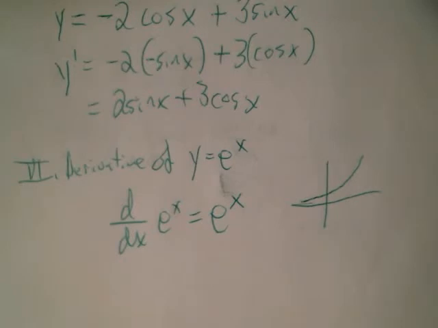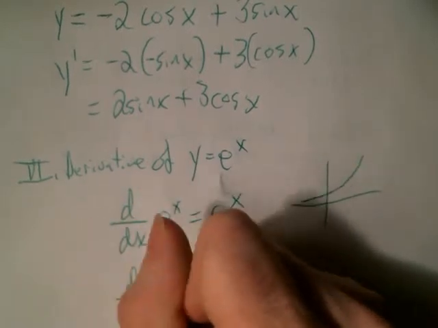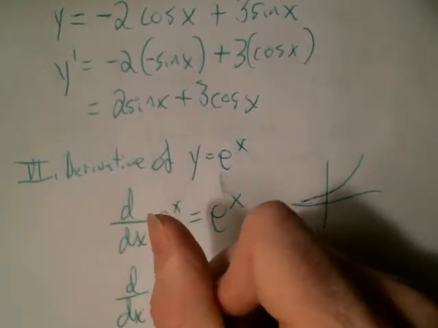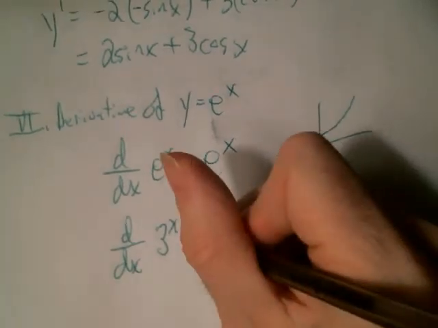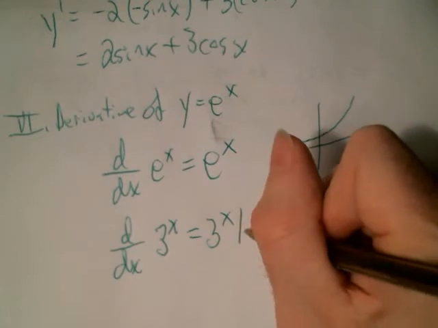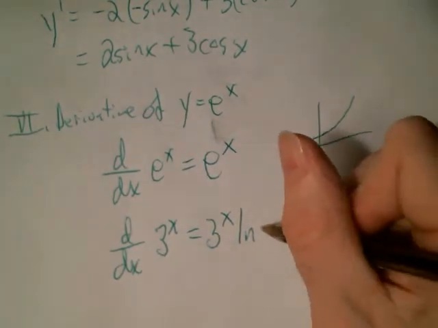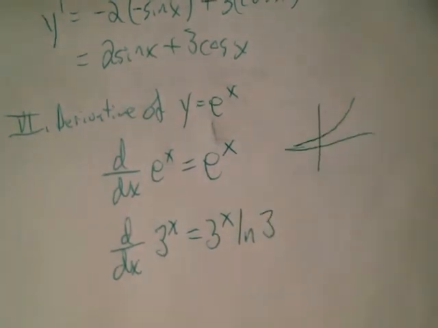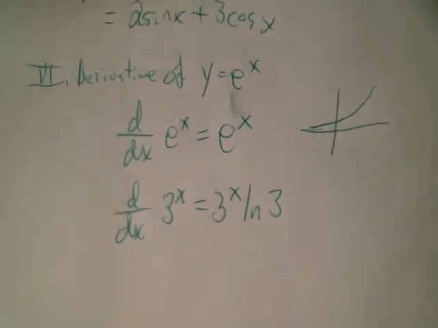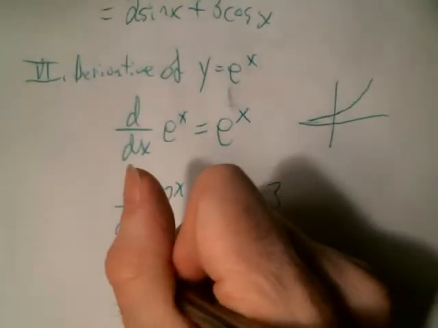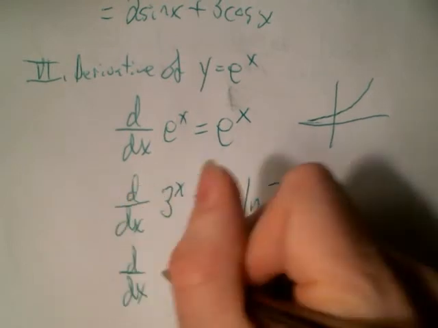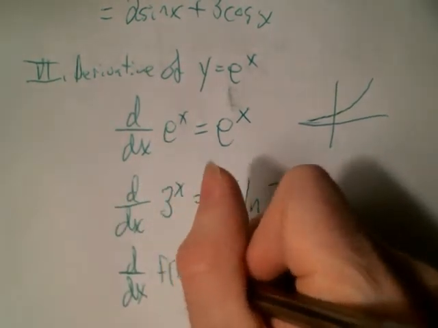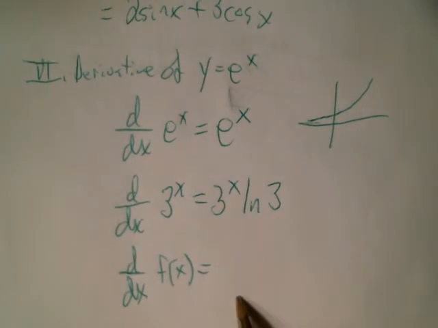It's weird. All exponential functions work like this. We'll see, do we do this in this chapter? But eventually we'll see if you have the derivative of anything, like we'll say 3 to the x, it's just equal to itself times a constant, ln of 3. Okay. And it's another one of these weird things where you have the derivative of y, some function f of x or something, and when you take its derivative, you get the same thing back.